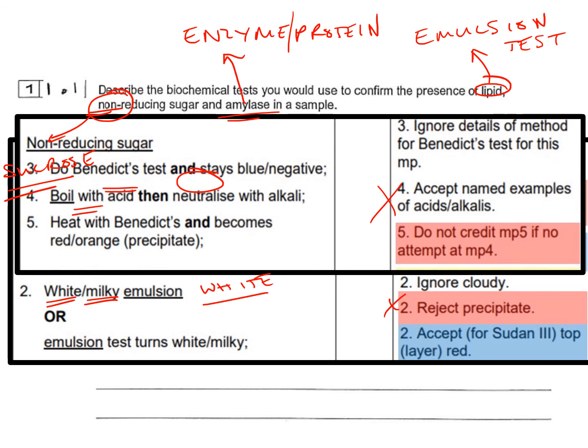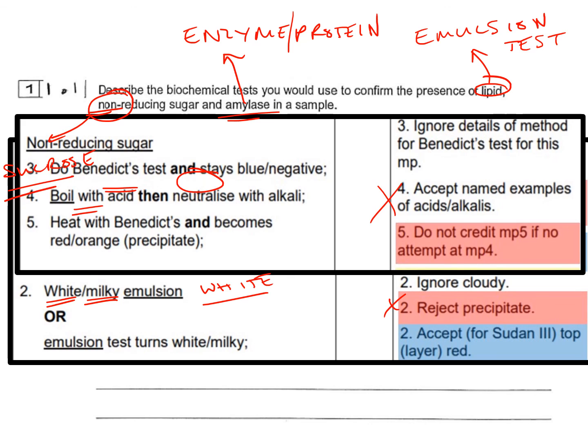Now for a non-reducing sugar then, obviously sucrose is going to give a negative test if you just added Benedict's reagent and heated to 95 degrees C. So there's 1 mark for saying if the Benedict's reagent remained blue, that'd be a negative result. So what you have to do is you have to boil the sucrose with dilute acid. Then you have to neutralize with a weak alkali like sodium hydrogen carbonate.